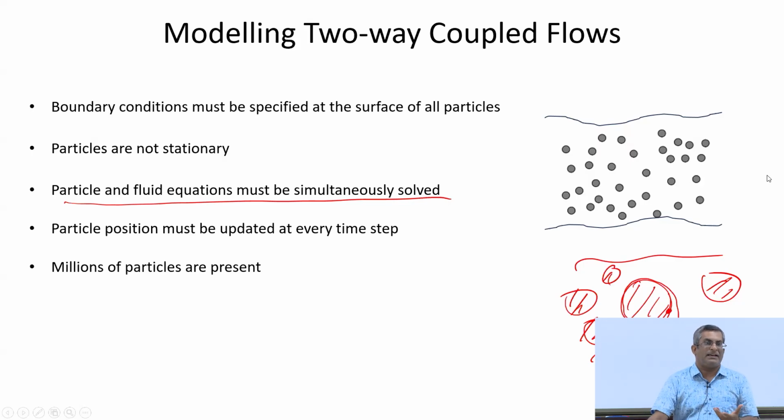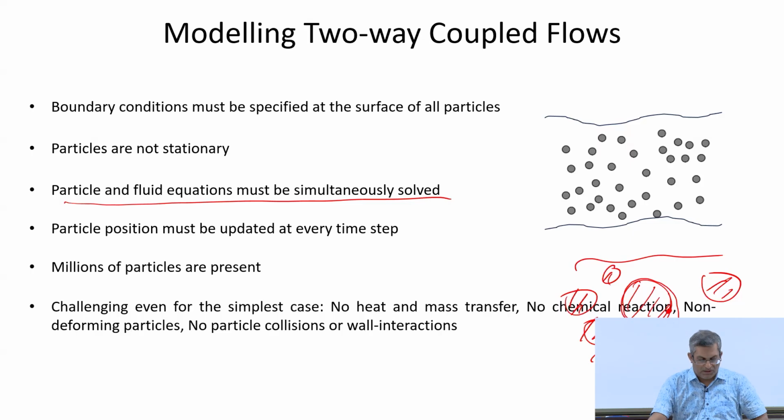So it is not like you cannot do it. What you need to do is give new boundary conditions at every time instant and solve the two equations simultaneously. But you have to do it for millions of particles. So this is challenging even if we consider the simplest case.